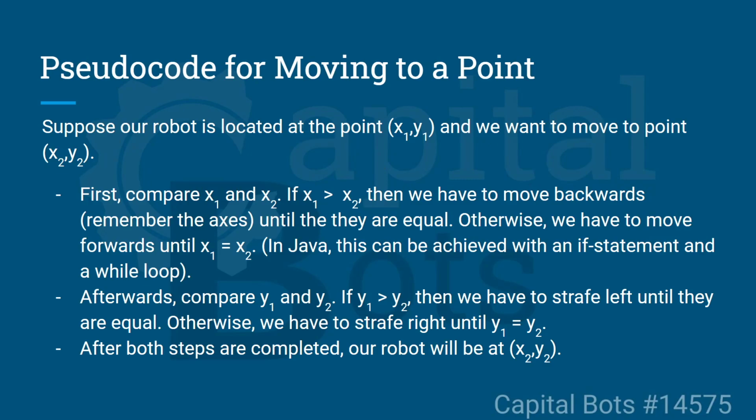Once again, if that didn't make sense, I can try and clarify that for you individually, but basically we're moving up and down till our x and y locations match our desired coordinates. By moving up and down, we're increasing and decreasing our x coordinate, and by moving left and right, we're decreasing and increasing our y coordinate.